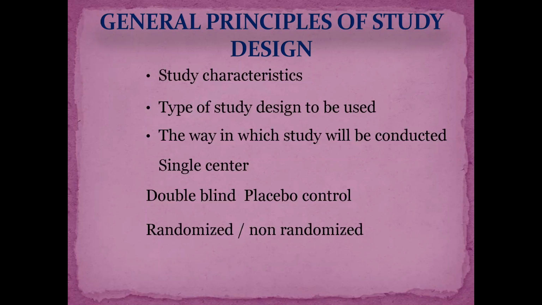Like if it is in India, one is in Delhi, one in Bangalore, one in Mumbai, and another in Kolkata. So this is how the study is conducted at multiple centers and in different countries, which allows involving different study populations.